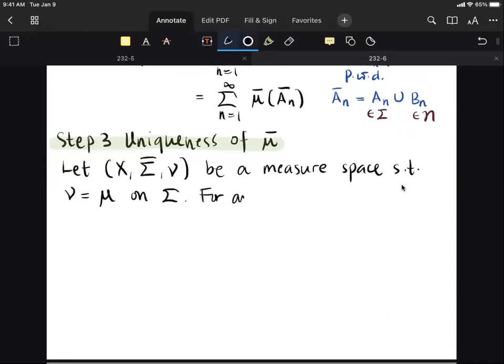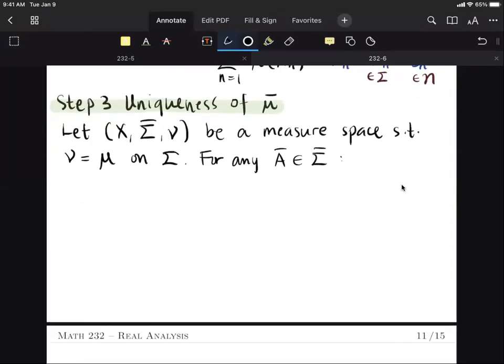Now, for any A bar in sigma bar, we have the following. So let's start with the measure with respect to nu. Here we again use the representation star as above.